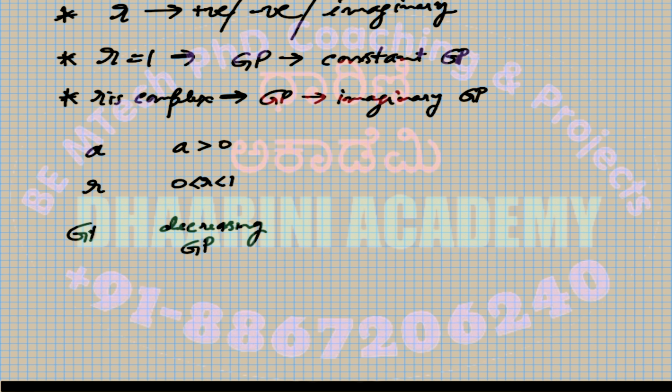So this is the result of GP. A second case is A greater than 0 and R greater than 1. This means when I multiply by R, a value greater than 1, continuously, you see that the terms are going to increase.